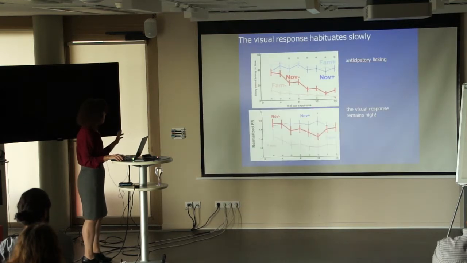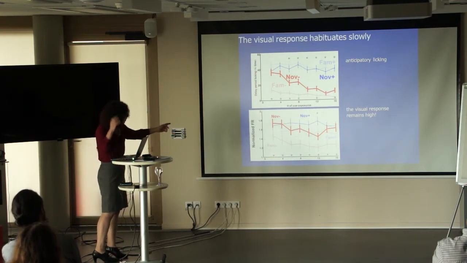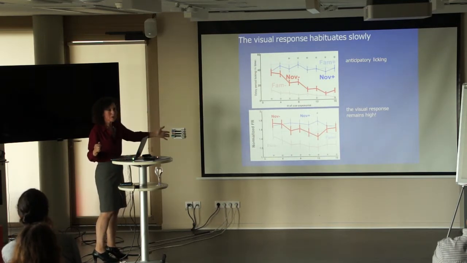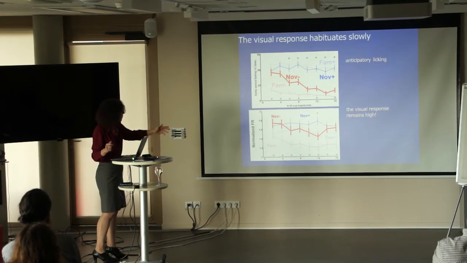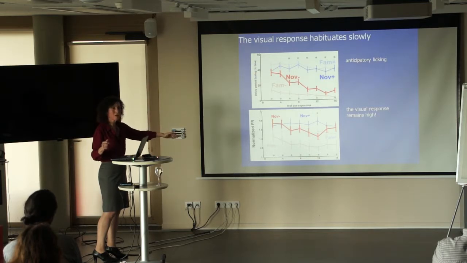So here's a quantitation of this. If you do the same plot that I've shown you before, except now you plot the visual response, and you can do the same with the delay period activity, you can see that the novel minus response maybe has a little bit of a decline, but it stays closer to the positive cues, and it doesn't go down to the level of the highly overtrained.